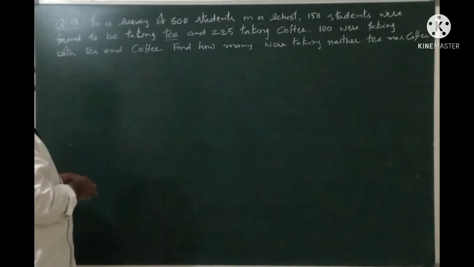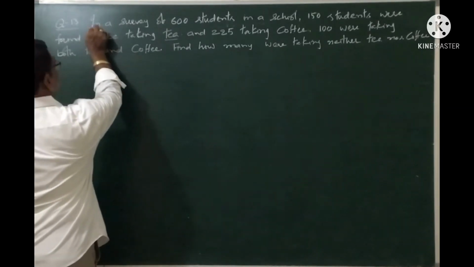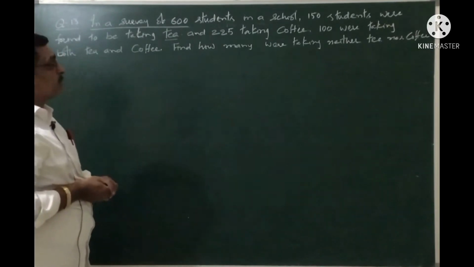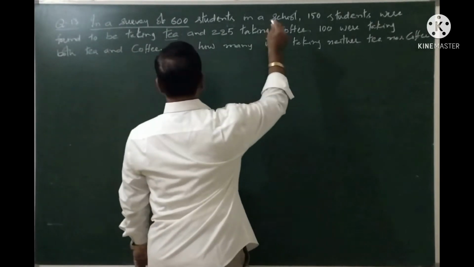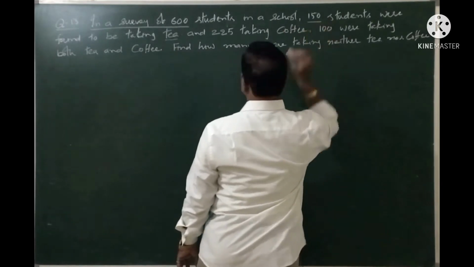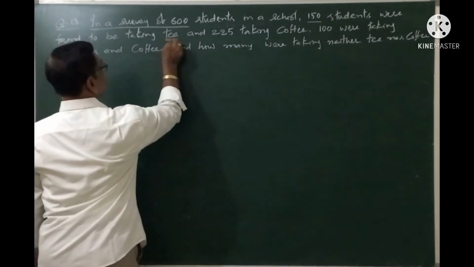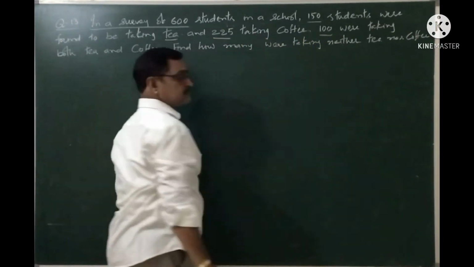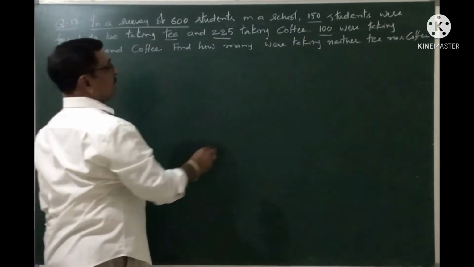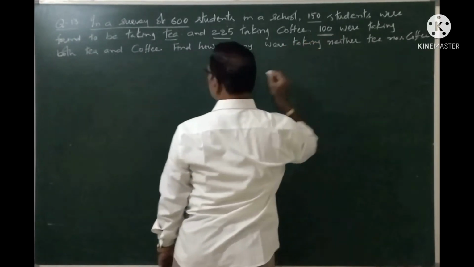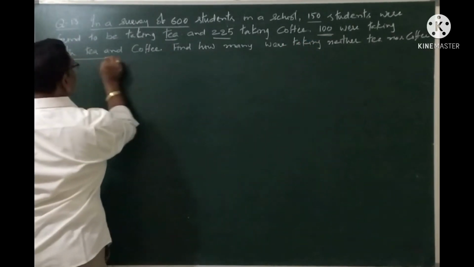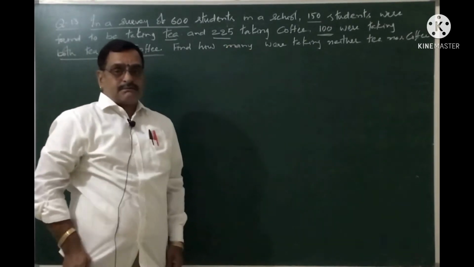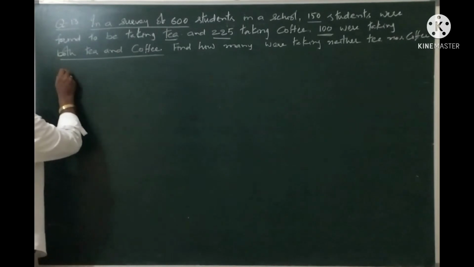In a survey of 600 students, so total they conducted a survey for 600 students. 150 students take tea, 225 students take coffee, and 100 students take both tea and coffee. This is the information. Later we see what we need to find. So first part, solution.